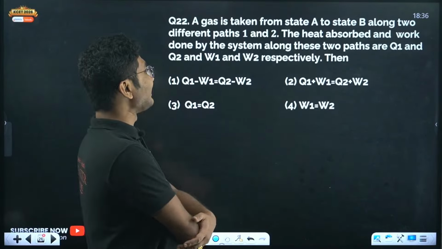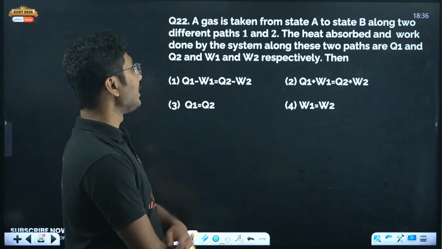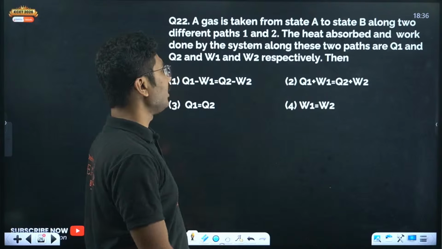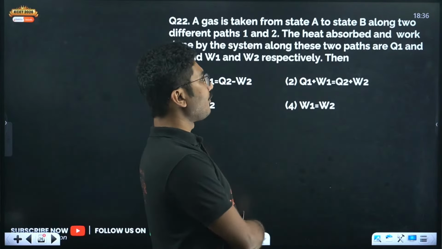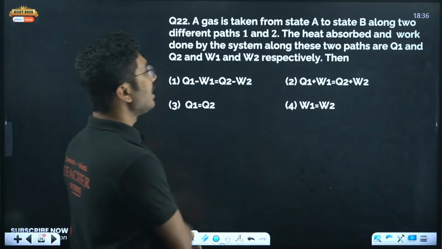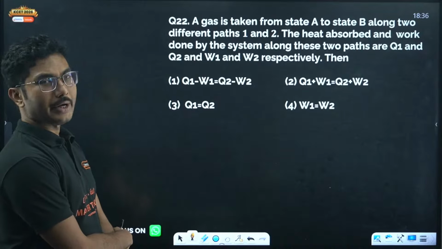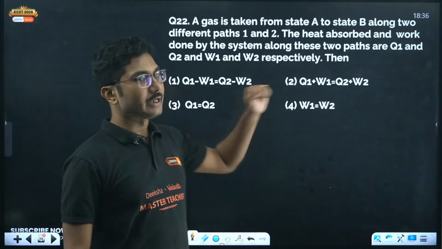A gas is taken from state A to state B along two different paths, 1 and 2. Heat absorbed and work done by the system along these two paths are Q1 and Q2, W1 and W2 respectively. Then which of the relationships is correct?